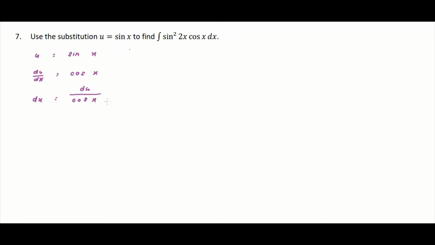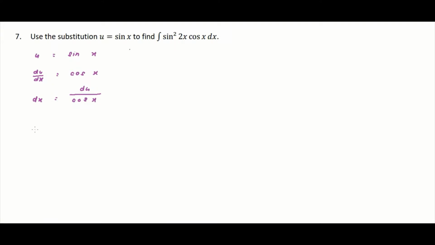Alright, so now let's try to check what we have in the integral. You have sine square 2x. So you might have some trouble here, which you can see your u is in terms of sine x. So you can imagine later when you try to substitute, you do not have anything to substitute this term, because sine x, even if you square, you also get sine square x. So how are you going to get sine 2x? Then we might need to use a formula.